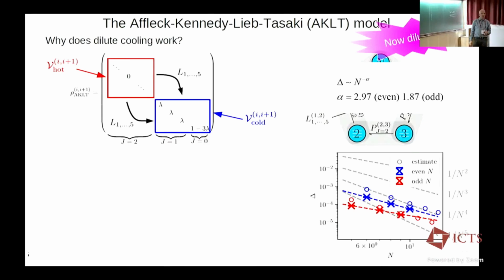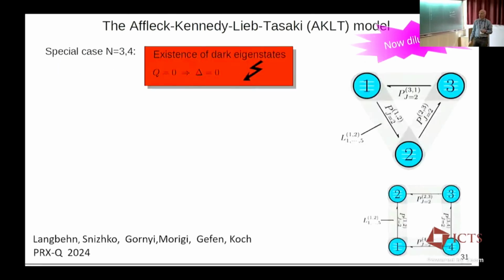And then we decided to test it for very small systems, namely chain of 3 and chain of 4. And in that case, it turned out, first miraculously, that we cannot accomplish full cooling to the ground state. There were always some components left over, which were beyond the ground state.